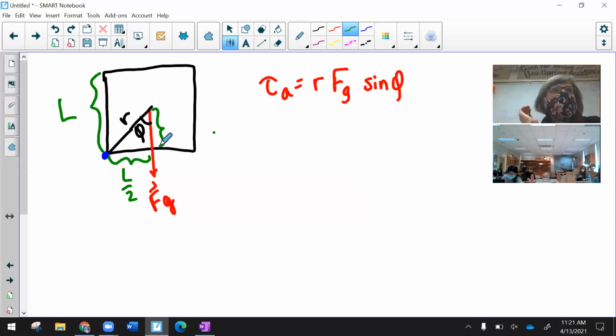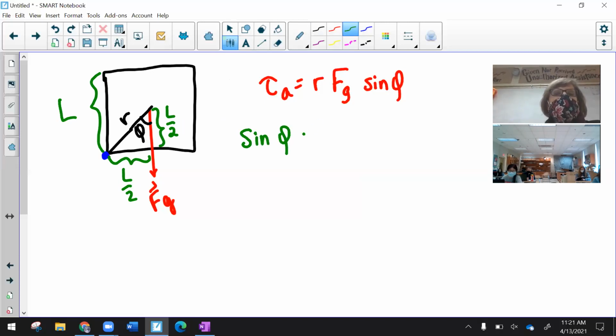And what's this leg of my triangle? L over 2. So again, the sine of phi is going to be equal to what from my triangle? Yeah, L over 2 over R. So even though I could figure out what R is, because this is a right triangle, I don't need to.